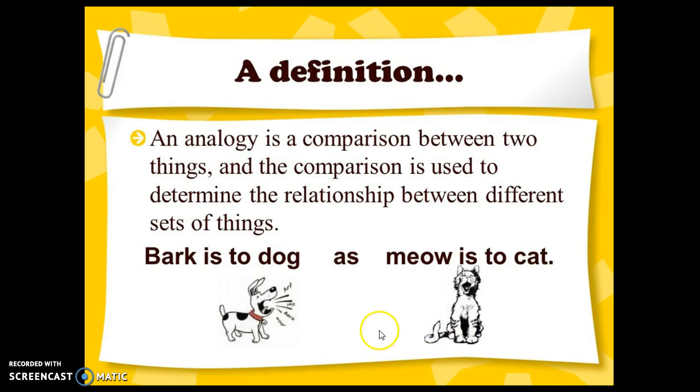So you wouldn't just say something like the dog was a bear to show that the dog was as big and scary as a bear. That is a metaphor. Here with an analogy, you're not just directly comparing two things, but two concepts. So you're comparing the relationship of bark and dog to the relationship between meow and cat. That's why analogies are more complex.